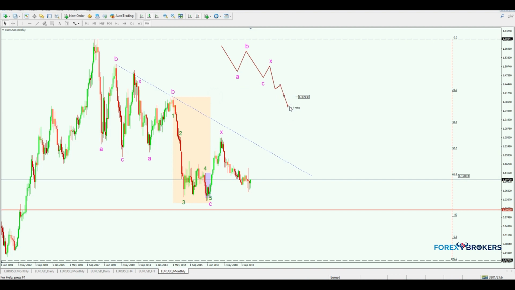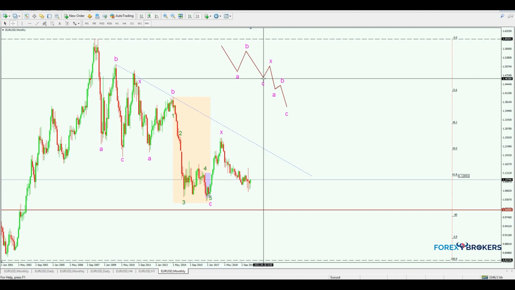This would be an ABC, with the B wave that fails to retrace more than 61.8, and with the time that it took for waves A and C almost similar, suggesting that the market forms a zigzag.